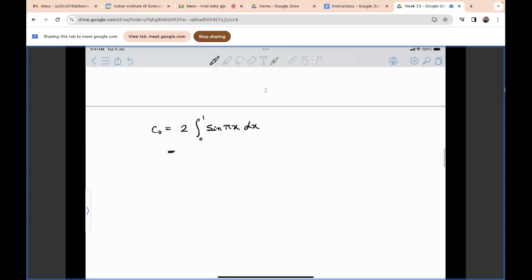Let's calculate this. If you integrate it, you will get minus 2 by pi cos pi x from 0 to 1. So minus 2 by pi, cos pi is minus 1, minus 1, so you will get basically 4 by pi.